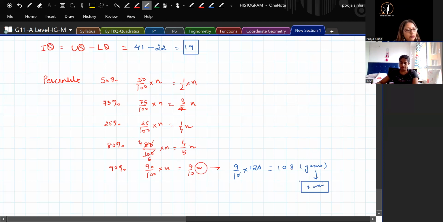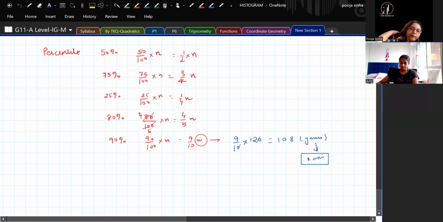Okay. So can you tell me the answer for this 90 percentile? Okay, just give me a moment. We got 108 on the y-axis, right?